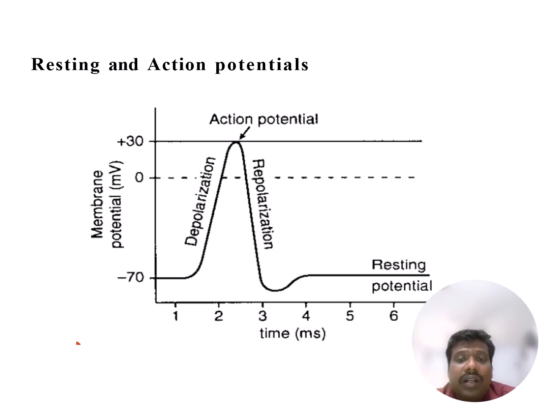The process of changing the state from the original state to the action stage is called depolarization. The process of the change in state from action potential to the resting stage is called repolarization. It's called depolarization, action potential, again repolarization.